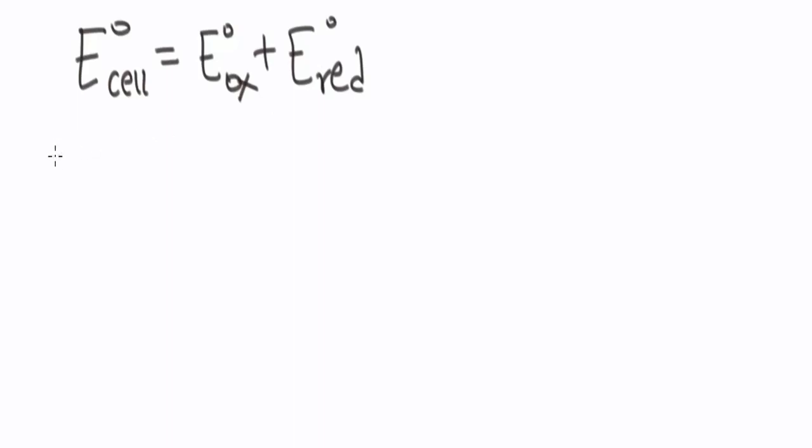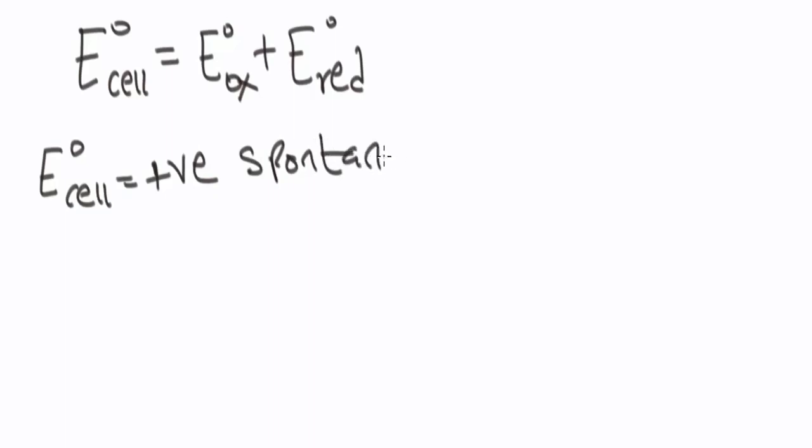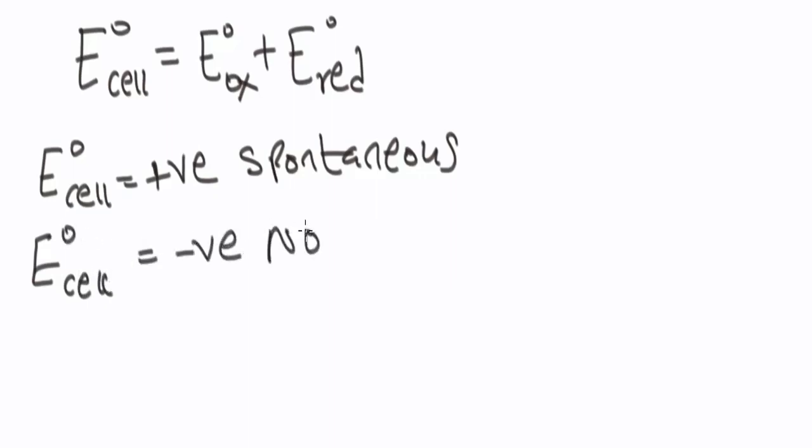Note that when the cell potential is positive, the reaction is said to be spontaneous, whereas when the cell potential is negative, the reaction is said to be not spontaneous. So take note of this difference when it's positive and when it's negative.